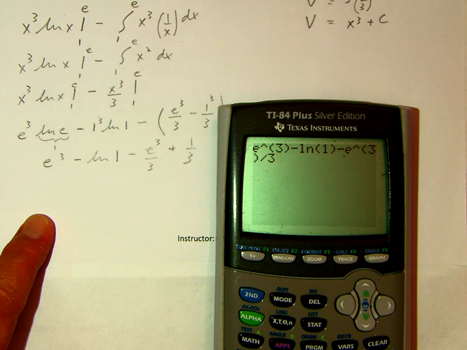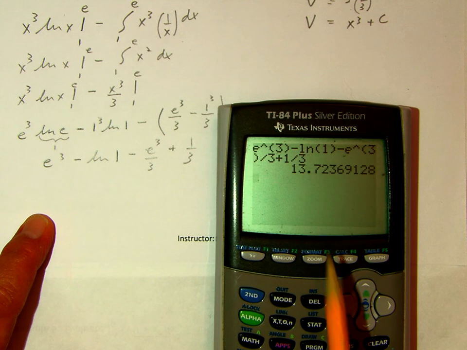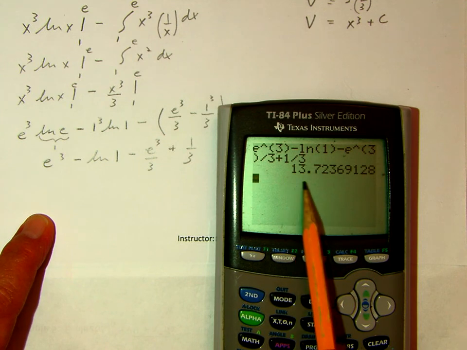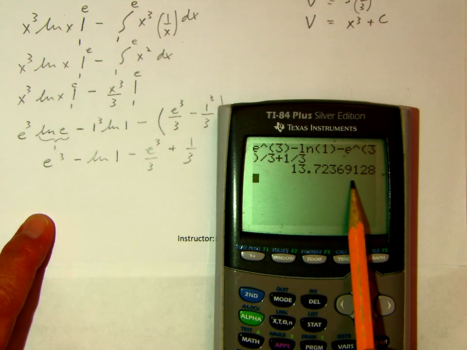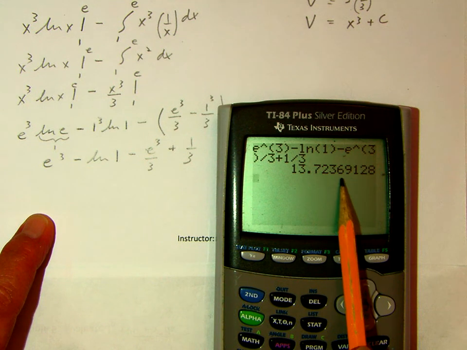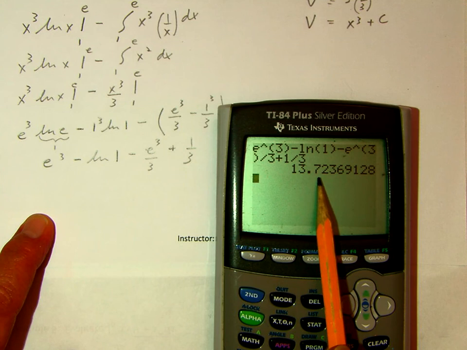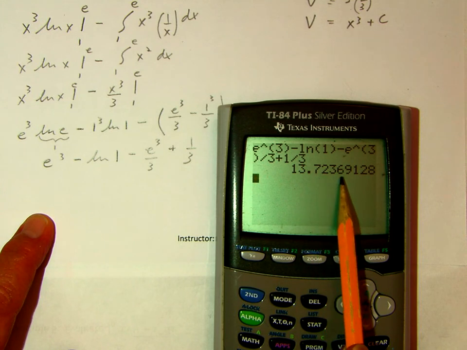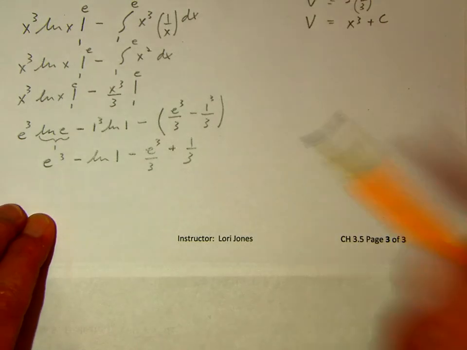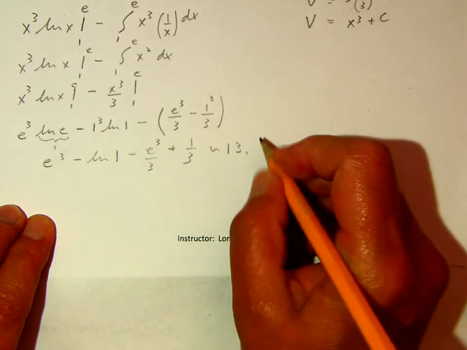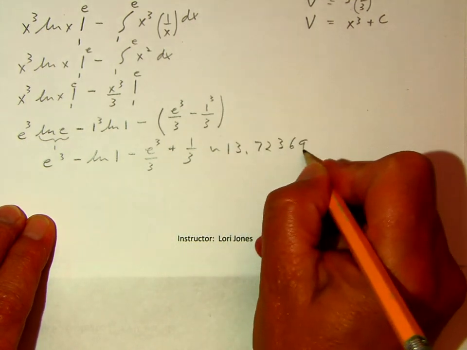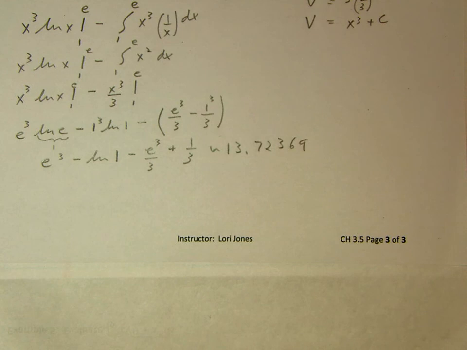You really have to watch your parentheses here, plus 1 divided by 3. And that gives us our value. And I'm going to go ahead and go to 5 decimal places just in case. So 13.72369. So approximately 13.72369. So now you know how to integrate by parts and integrate by parts when you need to use some other strategies as well.